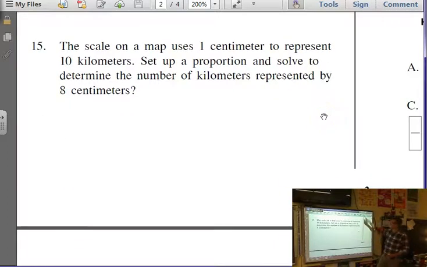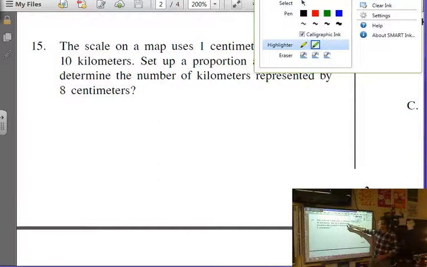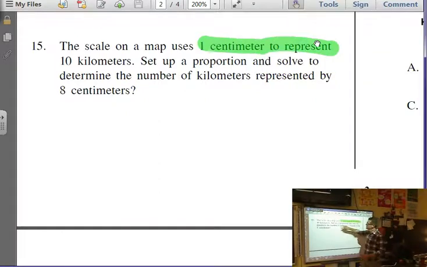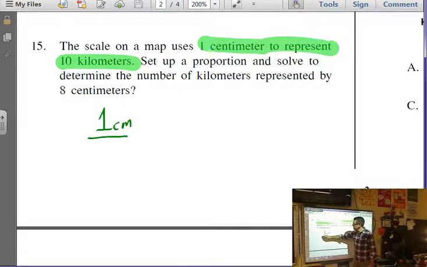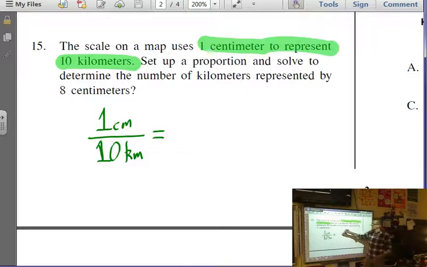Now we have a scale for a map. Same setup. Centimeters represent a certain number of kilometers. So when I set up 1 centimeter over 10 kilometers, that's going to equal so many kilometers based off 8 centimeters. Well, centimeters starts on top, so I have to keep it on top.